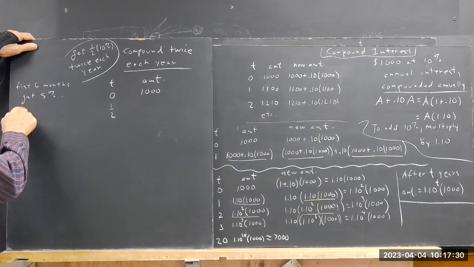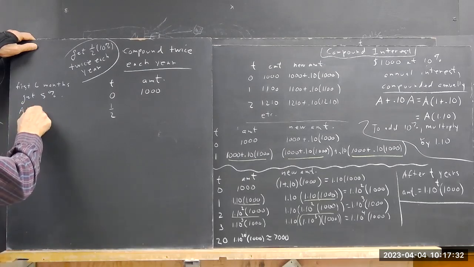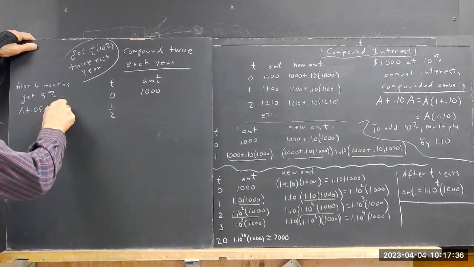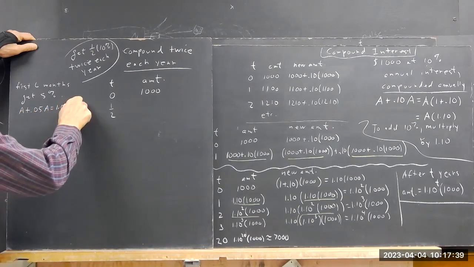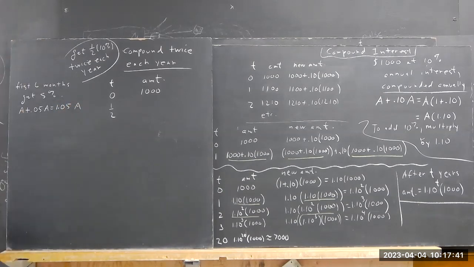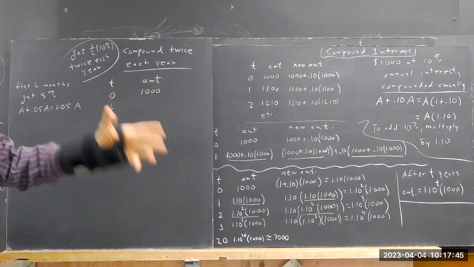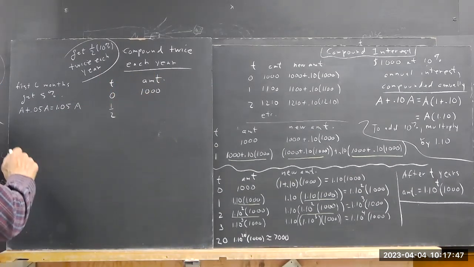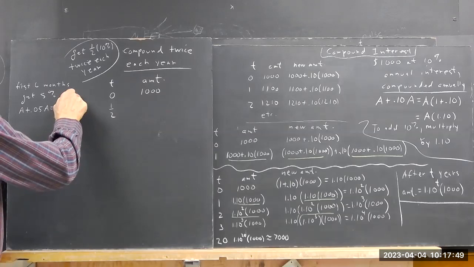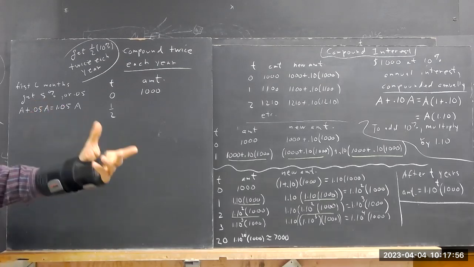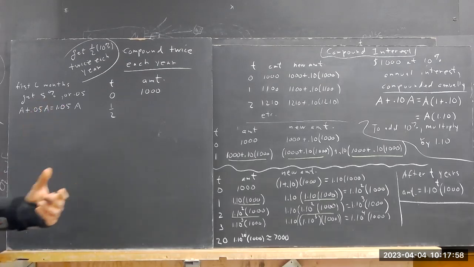Let's remind ourselves the amount plus 5% of the amount equals 1.05 times the amount, right? Just like amount plus 10% of the amount, amount times 1 plus 0.1. Percent means per 100. 5 divided by 100 is 0.05.